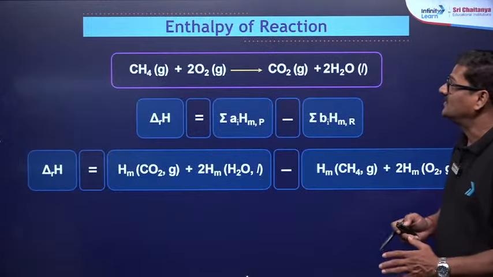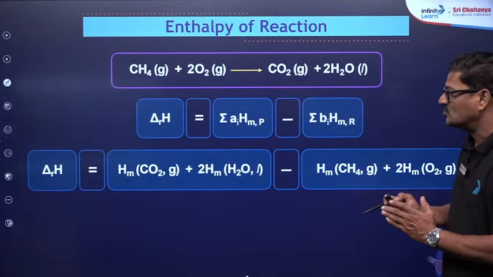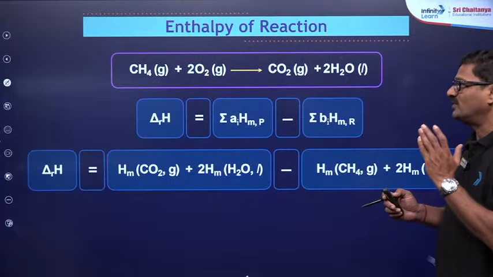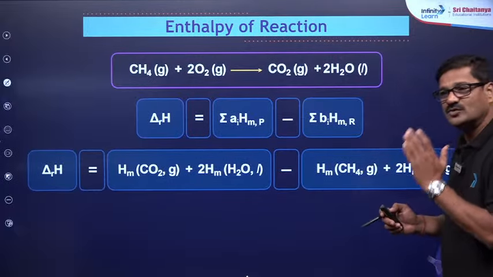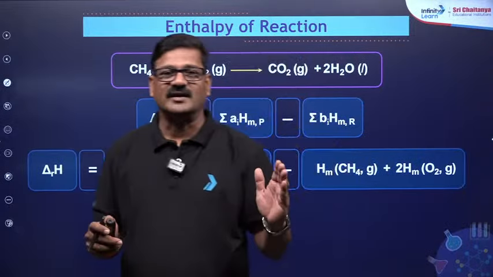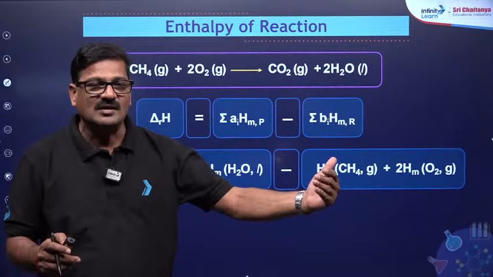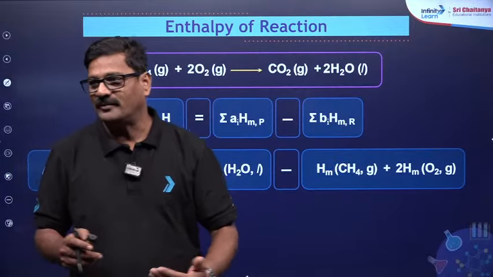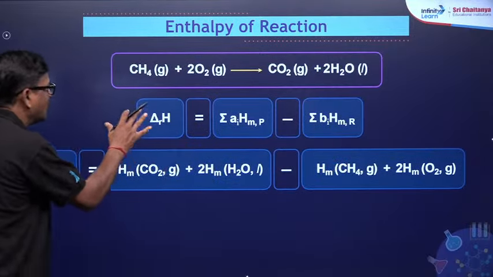So my dear children, here I just want to say: enthalpy of reaction could be negative, positive, or zero. Zero means thermoneutral, negative means exothermic, and positive means endothermic. How do I write it here?